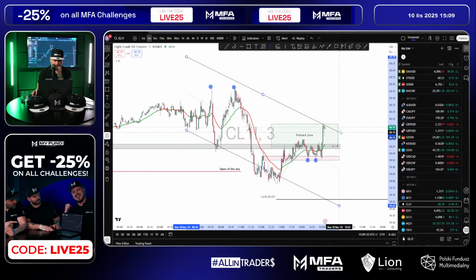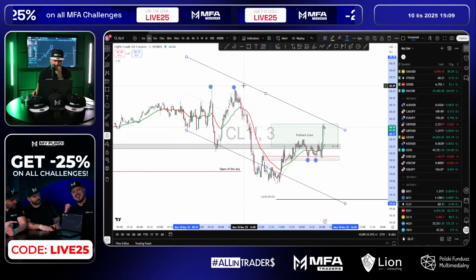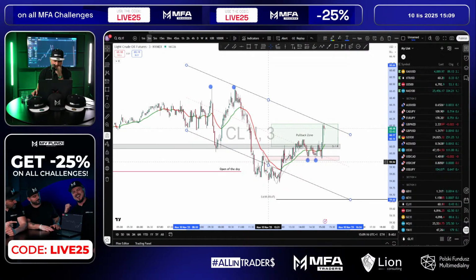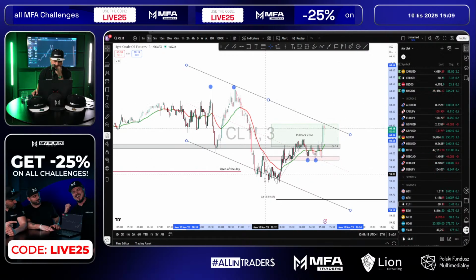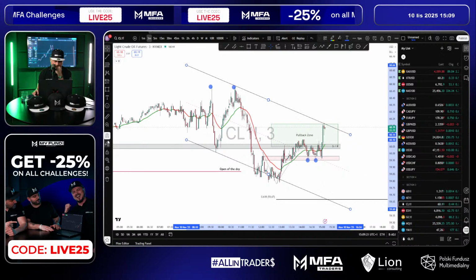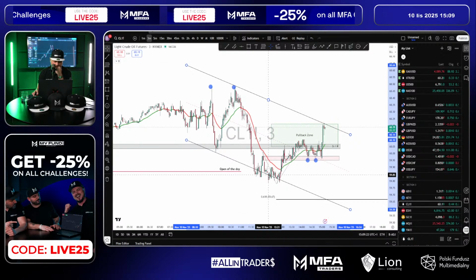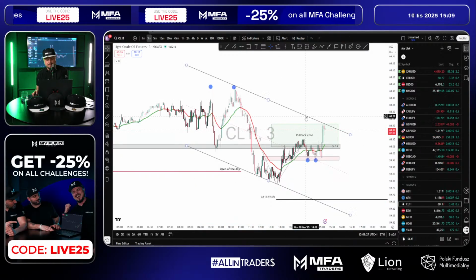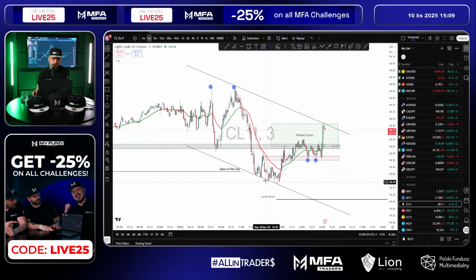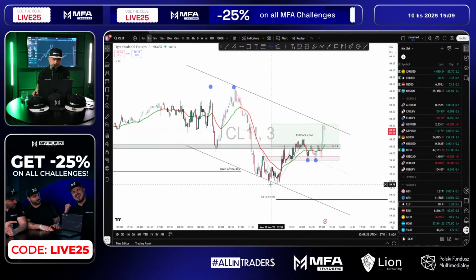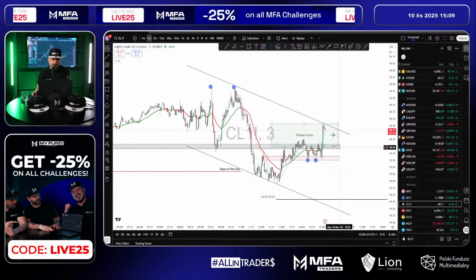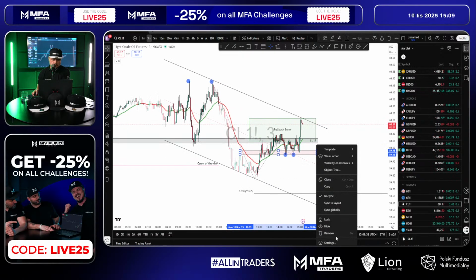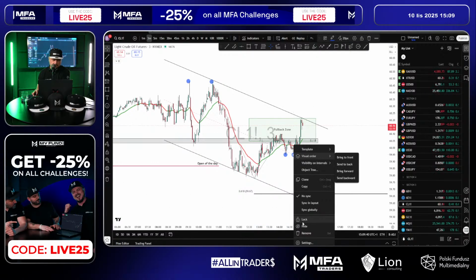I'm not saying no. This rotation channel is looking bad. It's looking bad. But maybe this rotation channel will work. We got some reactions from the bottom and from the top. So if we're gonna have something like this, okay, but we need to look for the right rotation now.